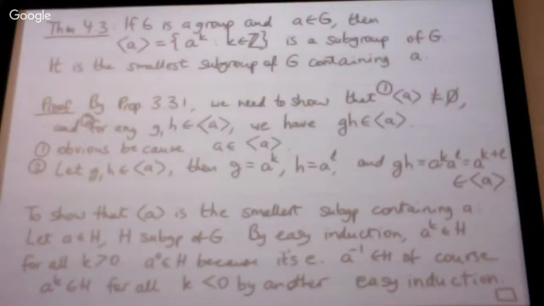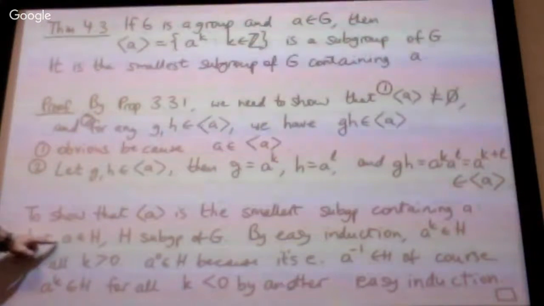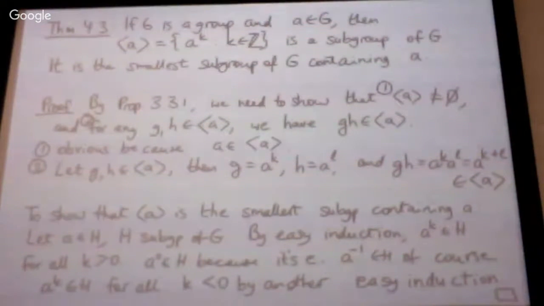Now what is K? K can't be 1 because A to the 1 is in H. So I look at K minus 1, that's less than K. So A to the K minus 1 is in H because K was the smallest one for which A to the K wasn't in H. But if I multiply it by A, I get A to the K, and it must be in H, so it's a contradiction. And every proof by induction works like this.